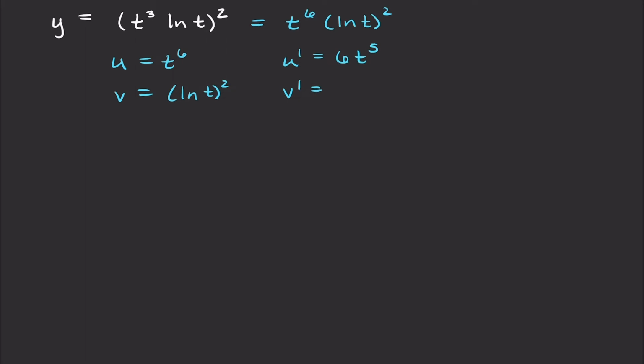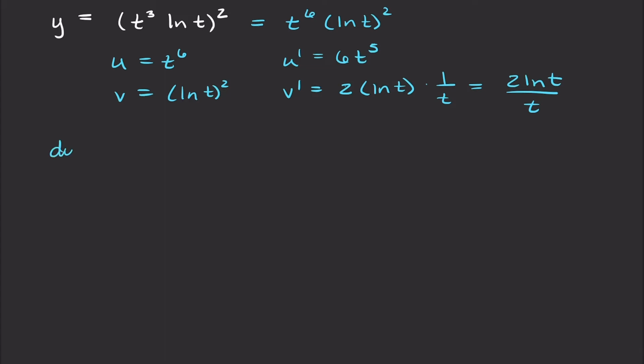It's just going to be the derivative of the outside. So I'll bring down my 2 and lower that to 1, and then multiply by the derivative of the inside, which is natural log of t. The derivative of natural log of t is just 1 over t. So v prime is 2 natural log of t over t.